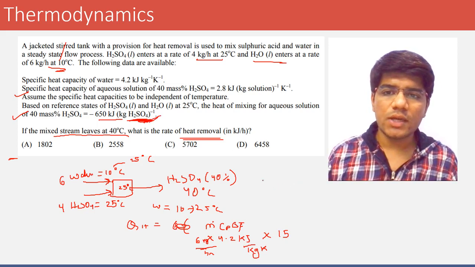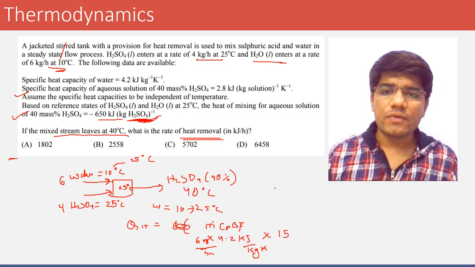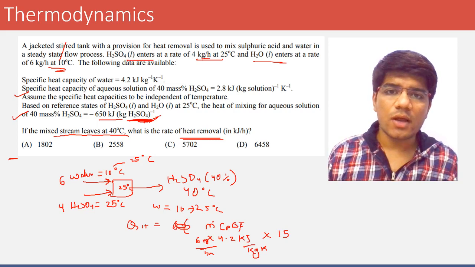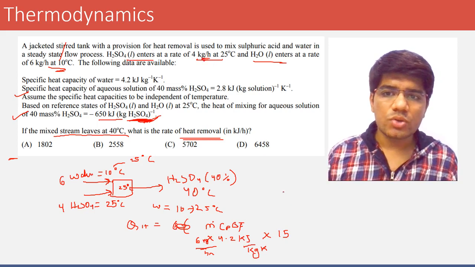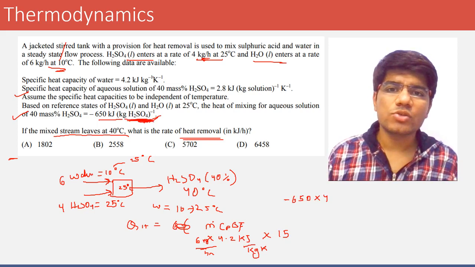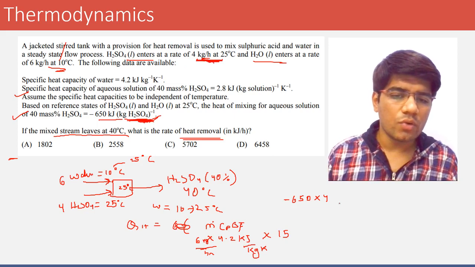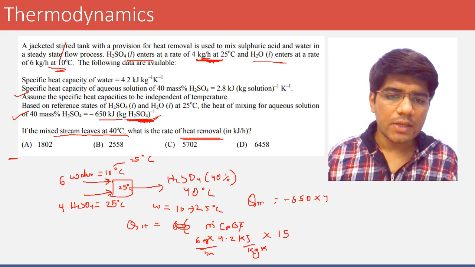So minus 650 kilojoule per kg of H2SO4 means that if the total H2SO4 is 4 kg per hour, the total heat of mixing will be minus 650 into 4, because this is per kg H2SO4 and H2SO4 is given as 4 kg per hour. So 650 into 4, this is the heat of mixing.